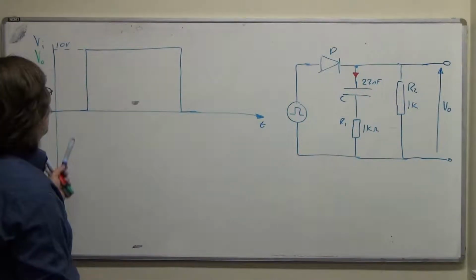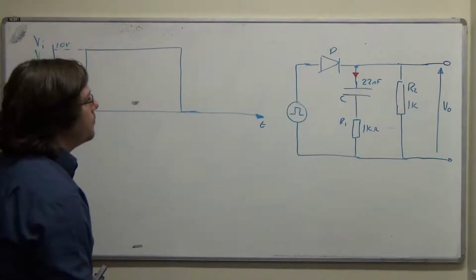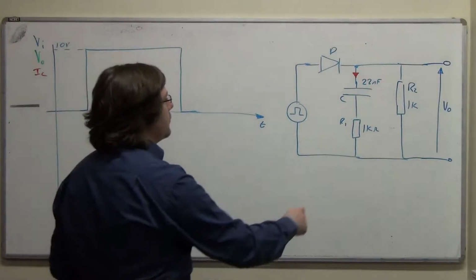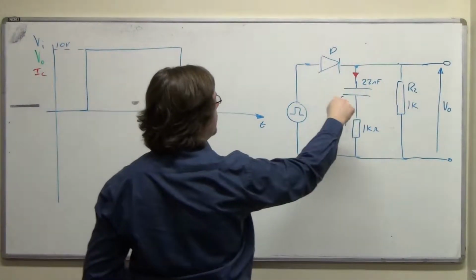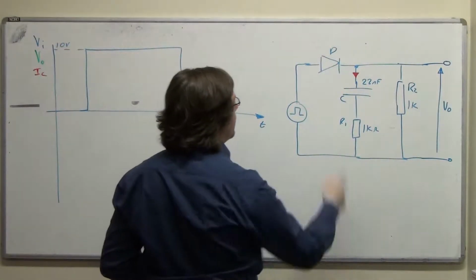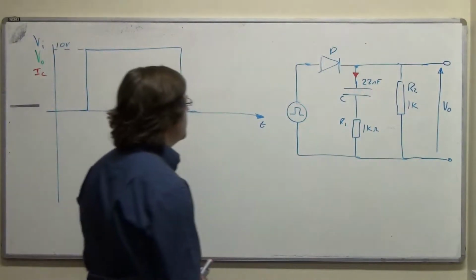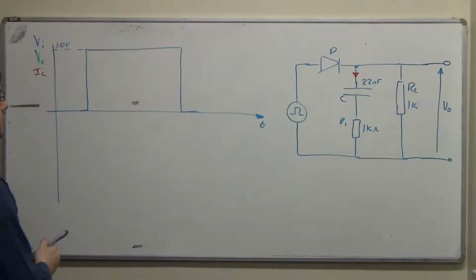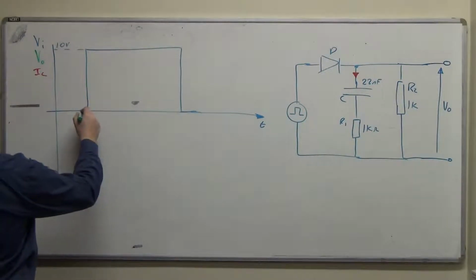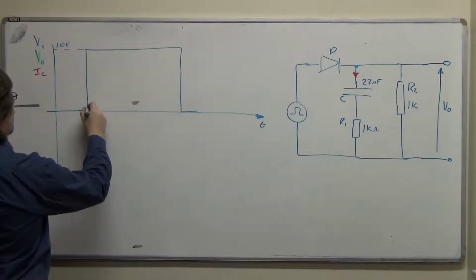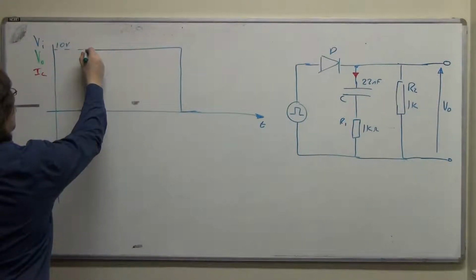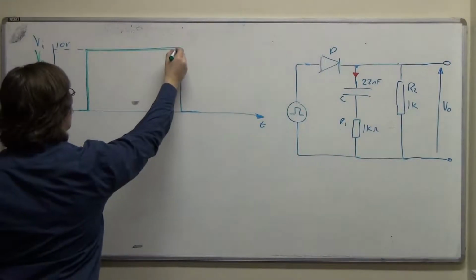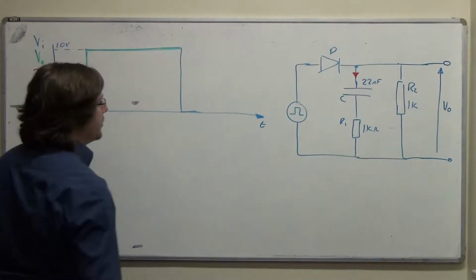But the diode will conduct for the whole of the pulse. It will conduct a current, even if it finishes charging the capacitor, it will still conduct a current through R2. So we can say right off that the output voltage will go up here and will stay up all the way along, and then something else will happen.